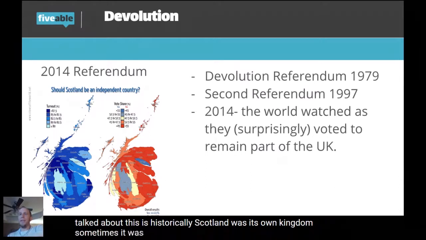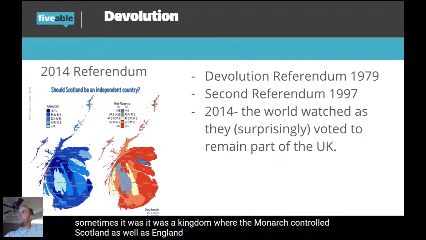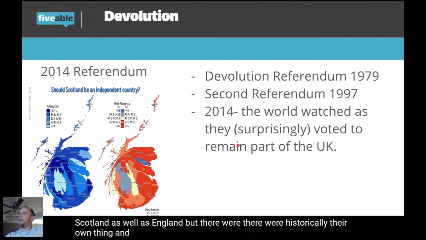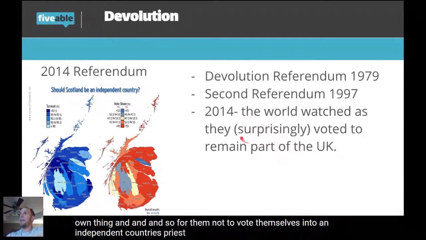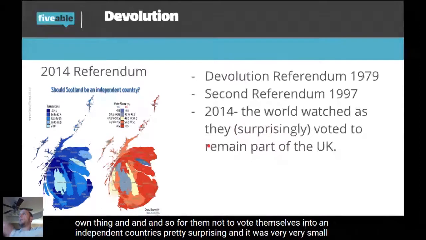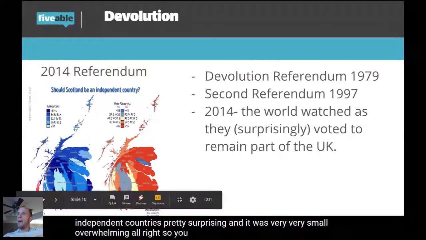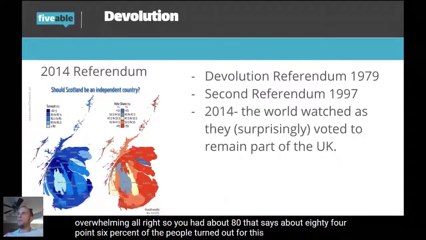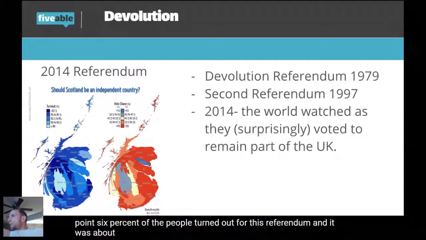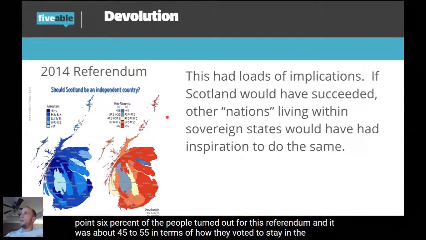Sometimes it was a kingdom where the monarch controlled Scotland as well as England, but they were historically their own thing, and so for them not to vote themselves into an independent country is pretty surprising, and it was very, very small. It wasn't overwhelming. You had about 84.6% of the people turn out for this referendum, and it was about 45 to 55 in terms of how they voted to stay in the United Kingdom.